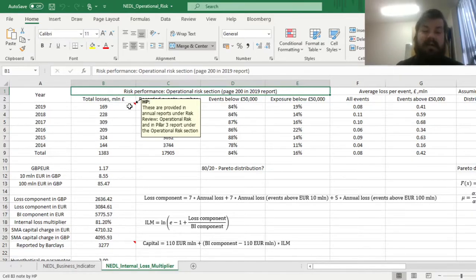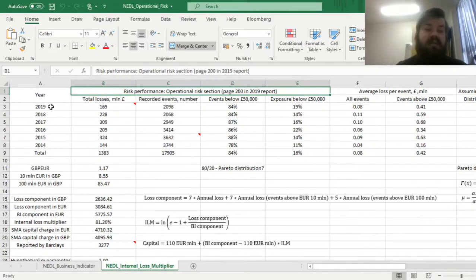And for Barclays, it's precisely called Risk Review, Operational Risk. But if you find that this data is not enough for you to calculate these figures, then you can resort to the Pillar 3 report, where this data would also be provided. So consider both and take figures from either of the two where data is presented in greater detail.